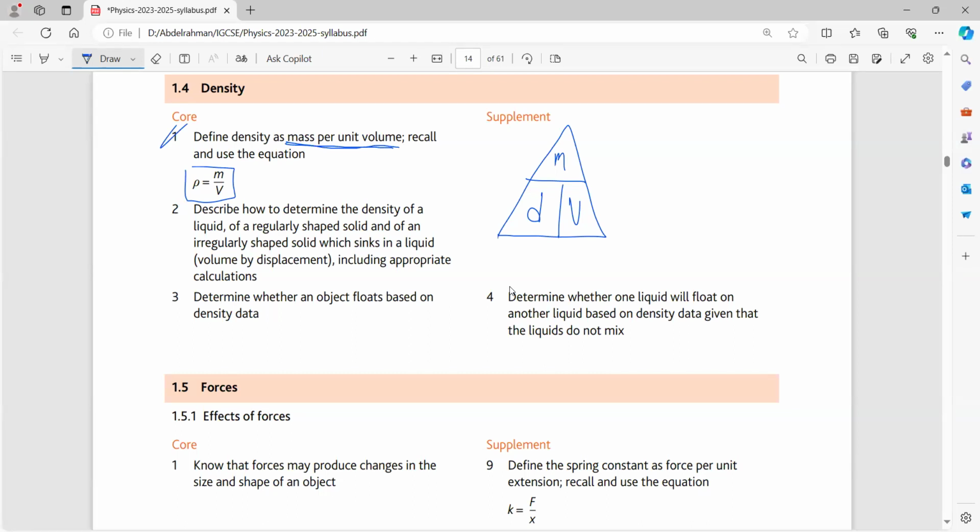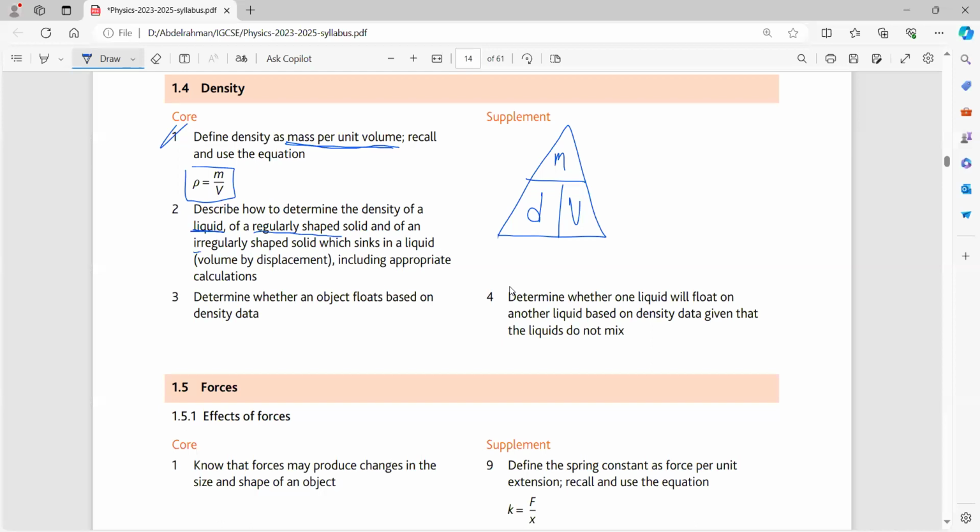We know the different ways to determine the densities of objects and of liquids. Okay, how to find the density of the liquid using the measuring cylinder, how to find the density of a regularly shaped solid: length times width times height to find the volume, and then we can use the balance to find the mass.